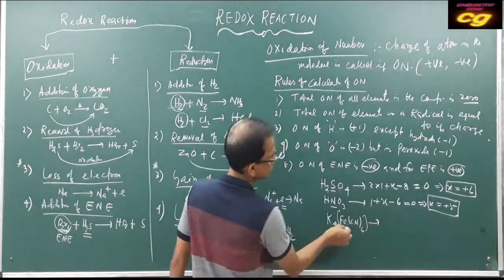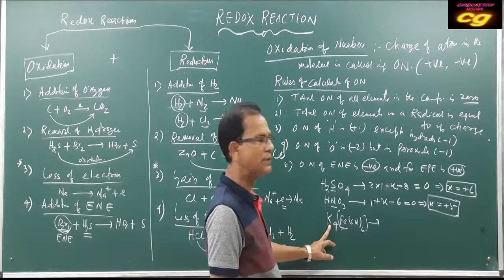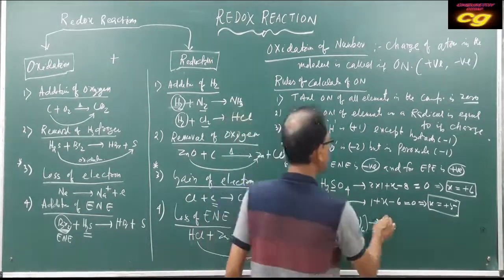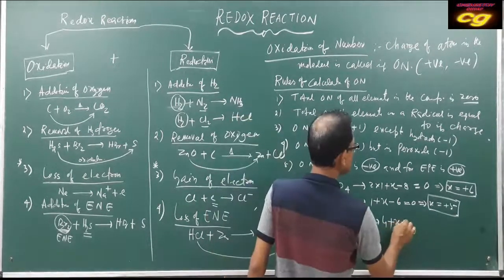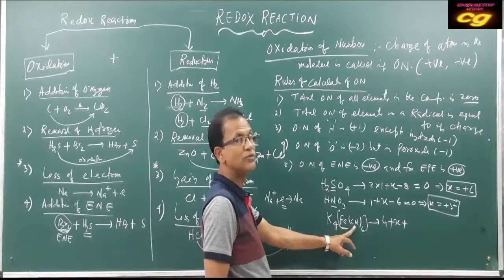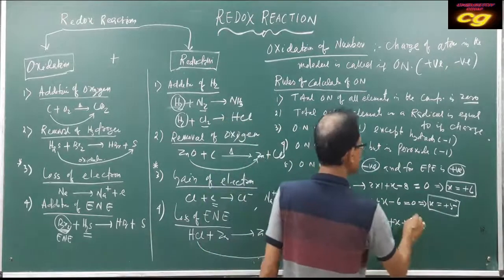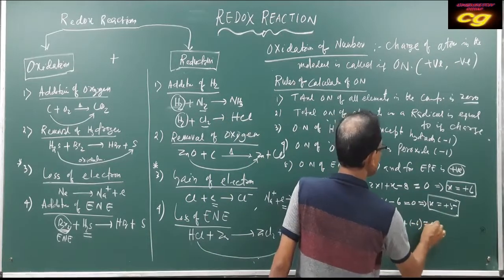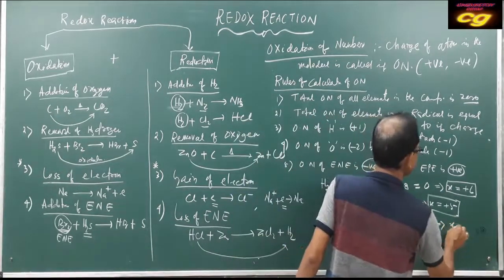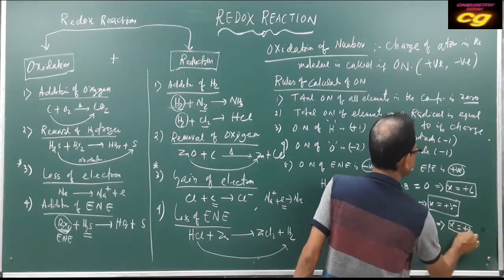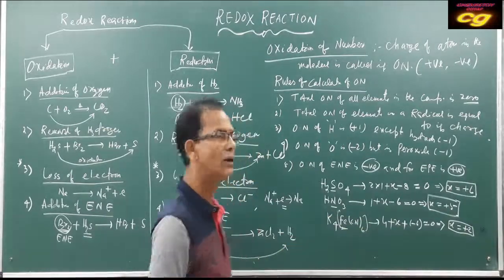How to calculate the oxidation number of iron? Potassium is an electropositive element with valence 1, so it is 4, plus 1 iron, that is X, plus cyanide, which always carries a minus charge, so 6 cyanides is -6, equal to 0. X will be plus 2. So the oxidation number of iron in potassium ferrocyanide is +2.